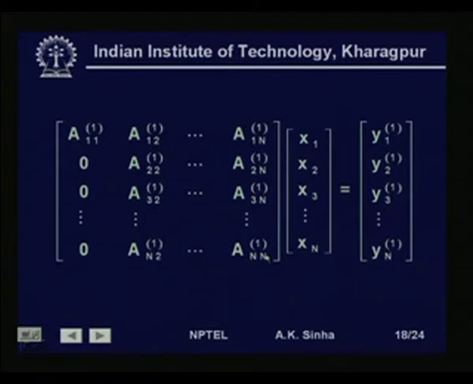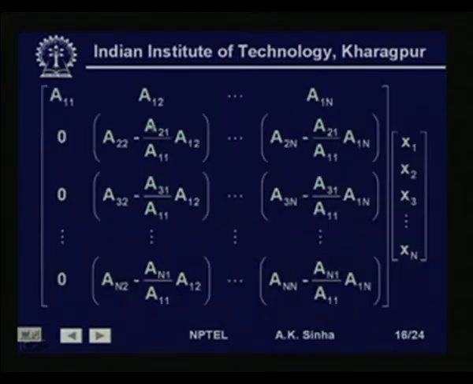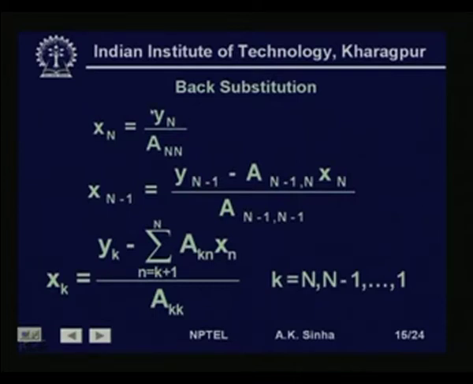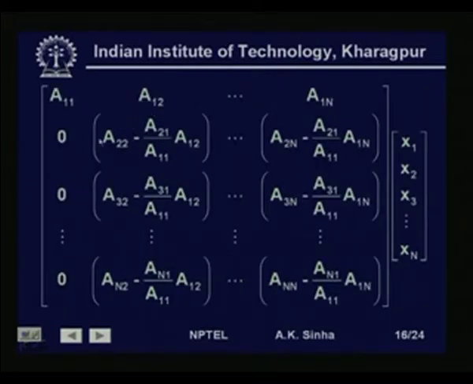Now, after we have done this process, we can rewrite these elements as A22^1, A2n^1, that is the modified values after the first step of elimination, that is, the first step of triangularization.